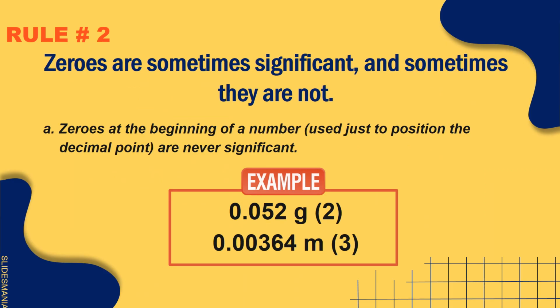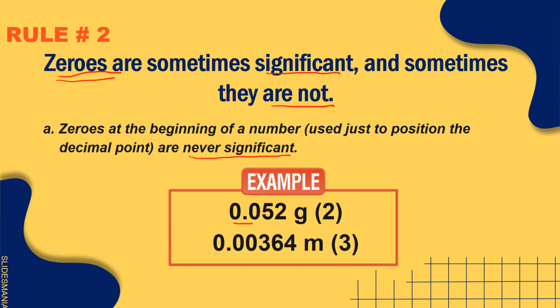For rule number 2, zeros are sometimes significant and sometimes are not. Okay, we have sub-rule letter A. For rule number 2, zeros at the beginning of a number that are used just to position the decimal point are never significant. So we have first example, 0.052.